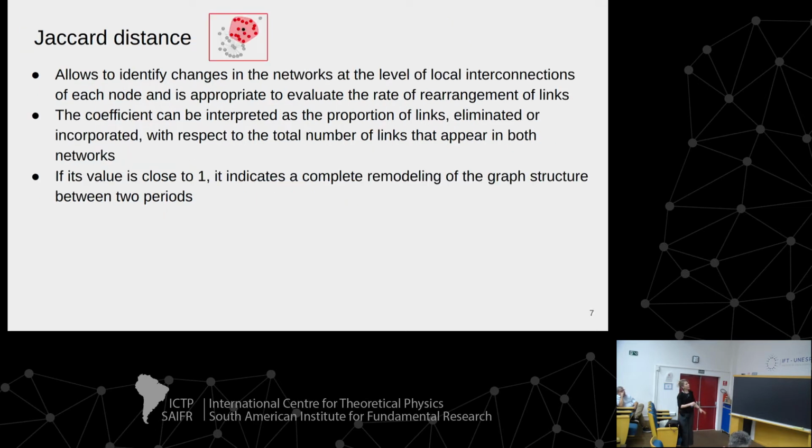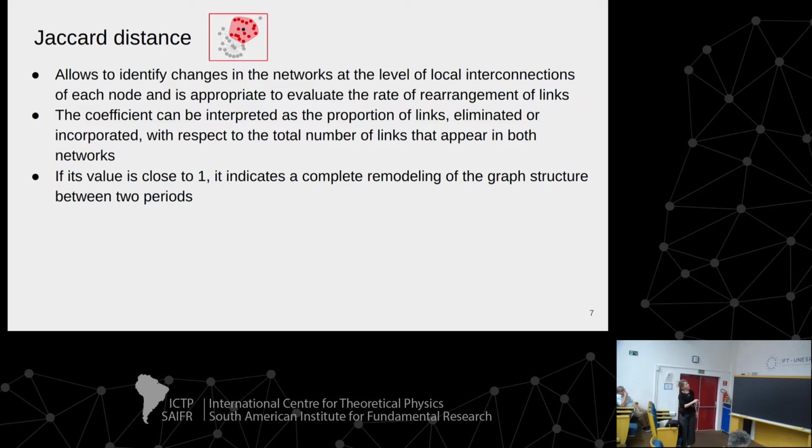So I will not show you the mathematical development of each distance, because otherwise I won't be able to show you the second part. But in this article that I put on the slides, it is very easy to consult. And in any case, we can discuss if you want to know a little bit more after the class.